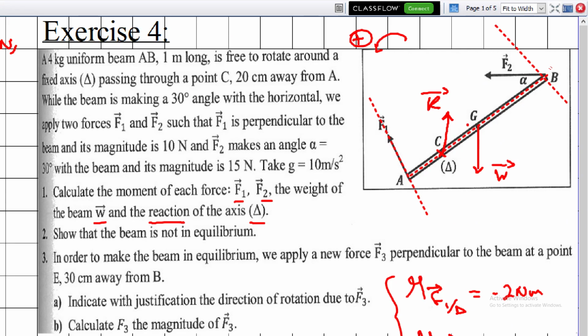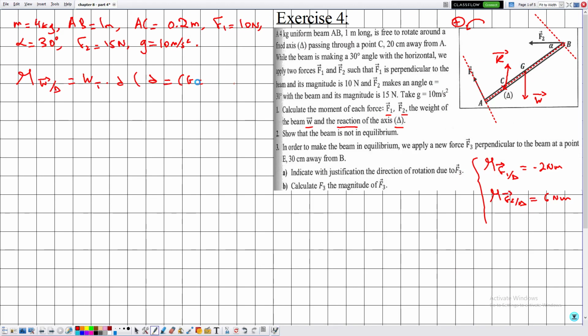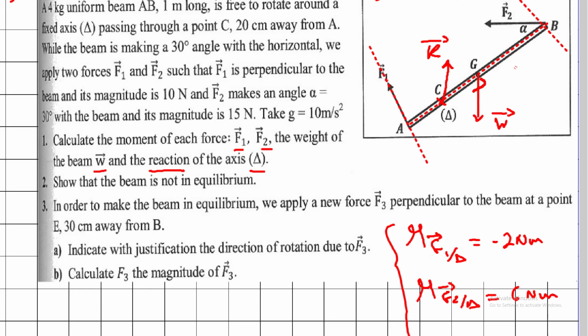So how can one calculate the distance CG? D is equal to CG, which is AG minus AC. So this distance here is this distance minus this.